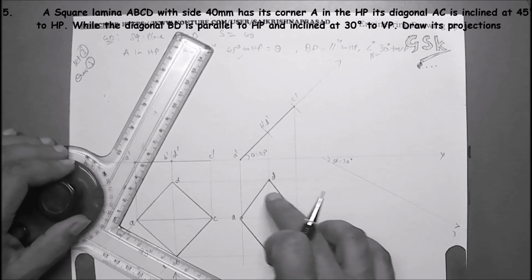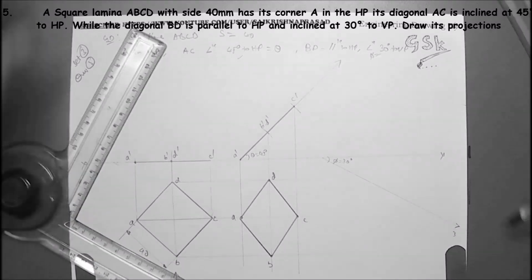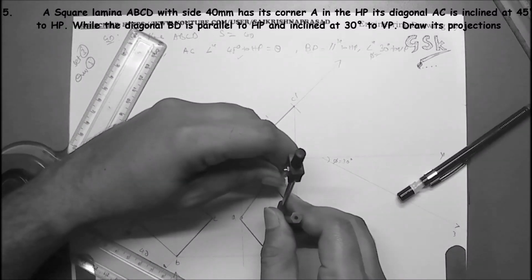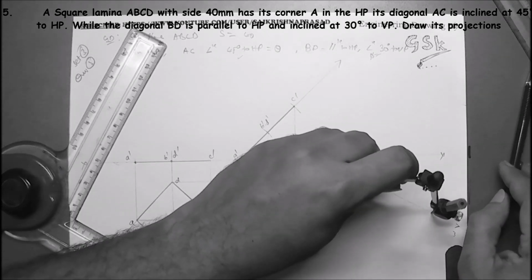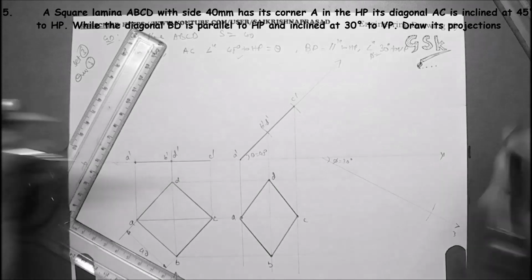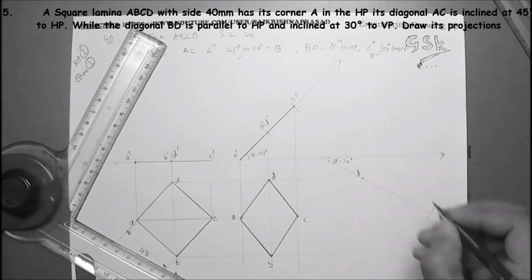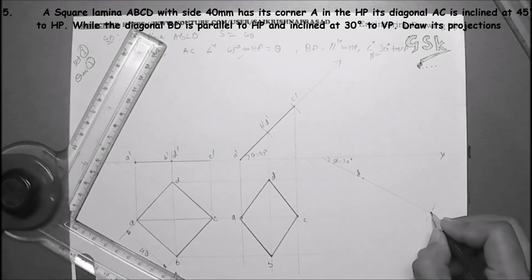Now we have to reproduce the same figure over here. This would be D and this would be B, right?